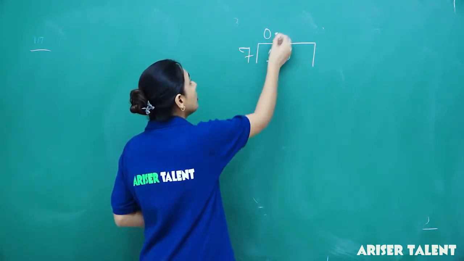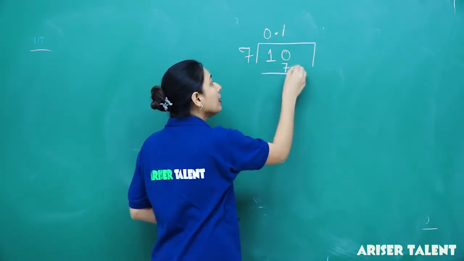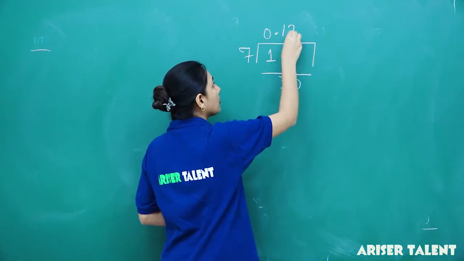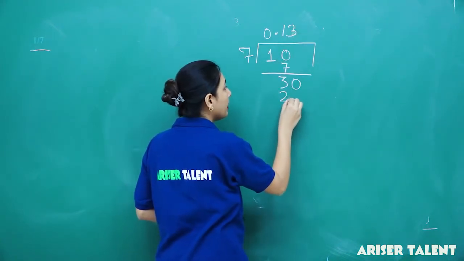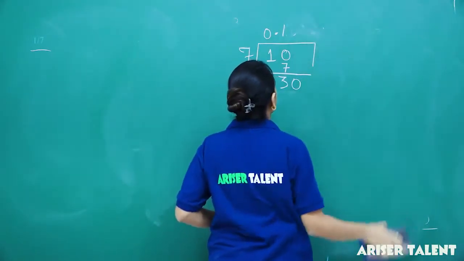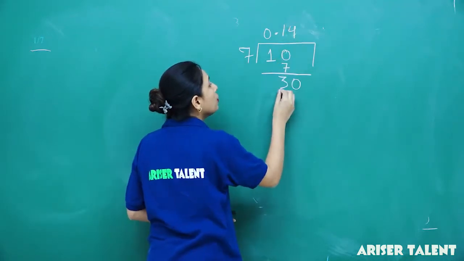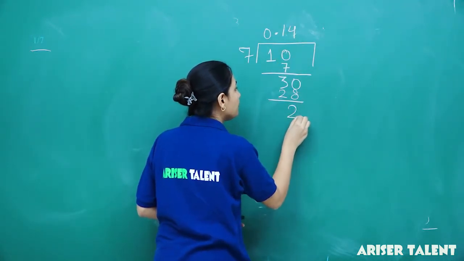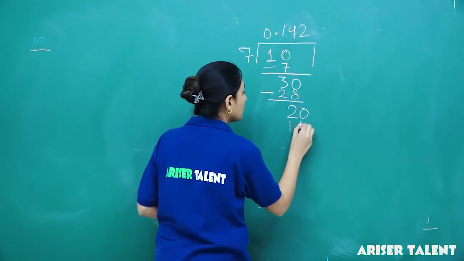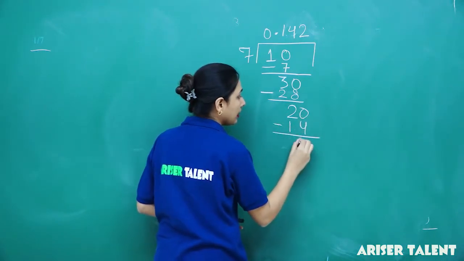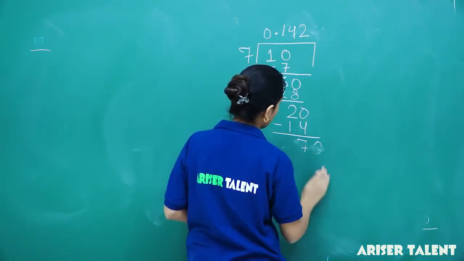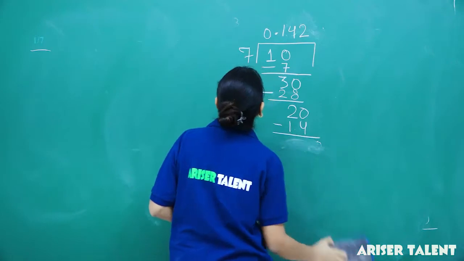Now 7 ones are 7, 3, again 0, 3 times 21, 4 times 28, 2, 0 again, 2 times 14, 7, 0. Let's do this again.